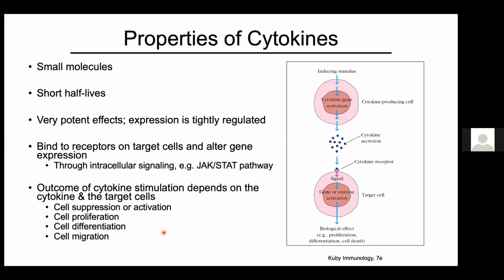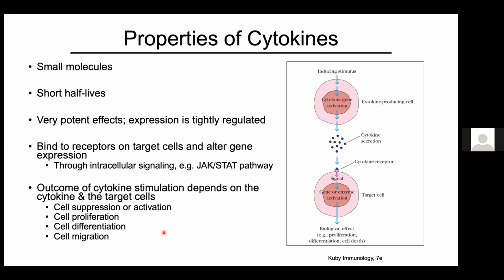So you get certain genes being activated or some being downregulated, and the specific proteins that those genes code for will either be produced or they'll be inhibited. Okay, so that would be the effect of the cytokine.